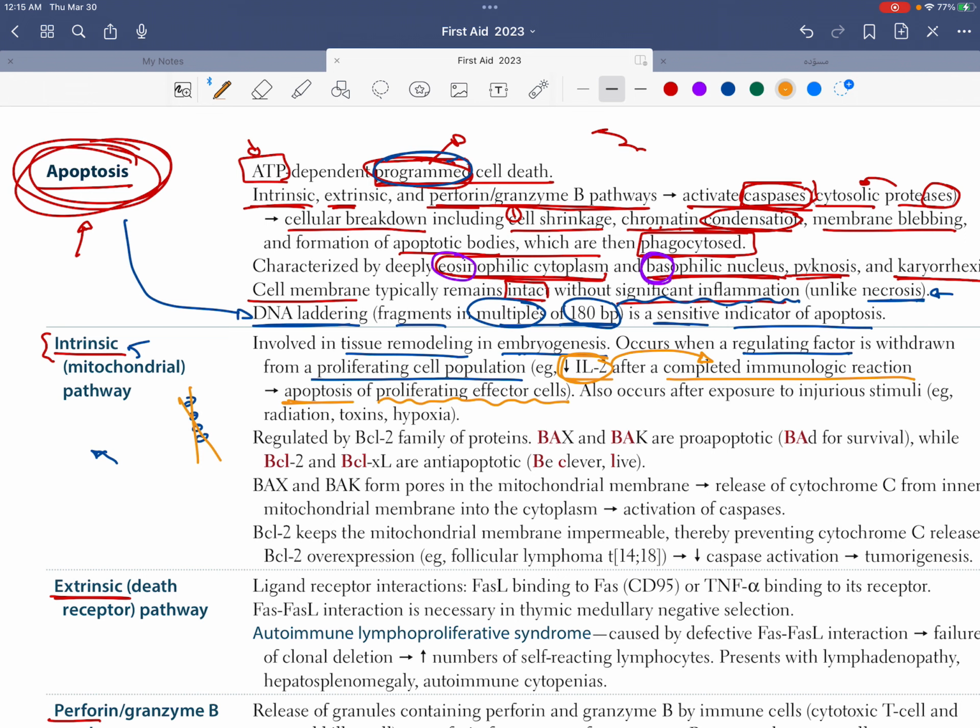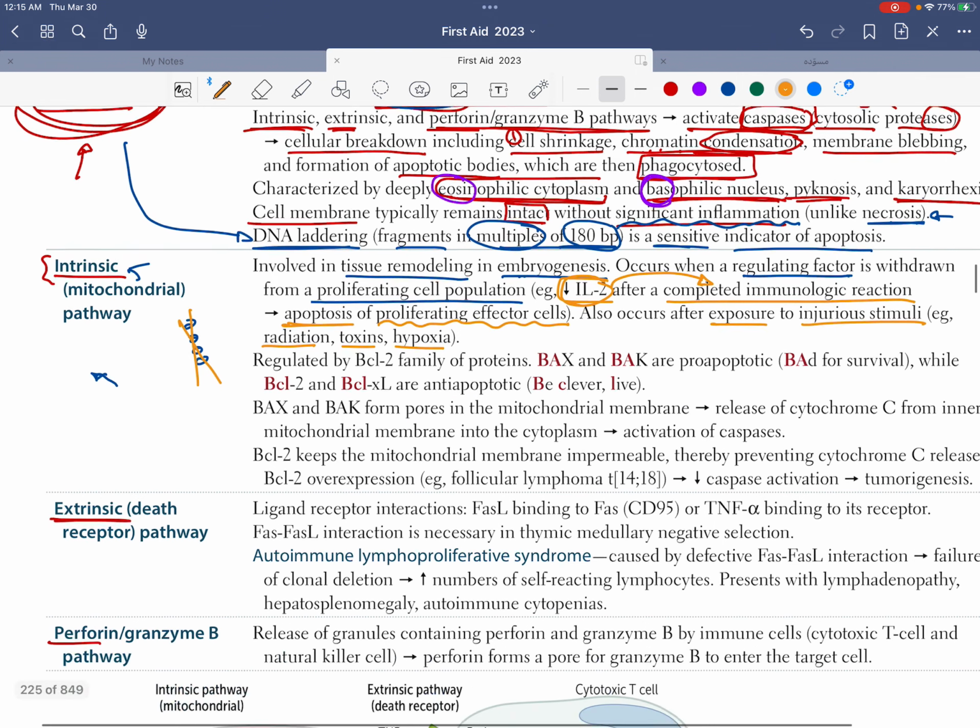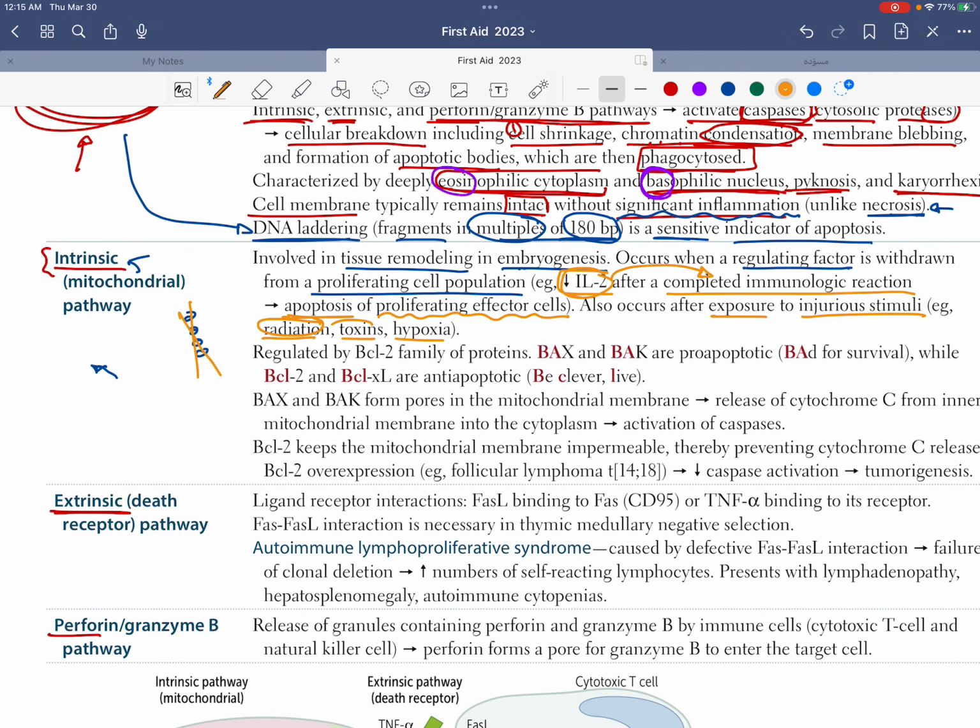It also occurs after exposure to injurious stimuli, like radiation, toxins, or hypoxia. So if the cell undergoes radiation, toxins from, let's say, bacteria or virus, or if it goes under hypoxia, some stress conditions, that will also activate the intrinsic or mitochondrial pathway. It is regulated by the BCL2 family of proteins.